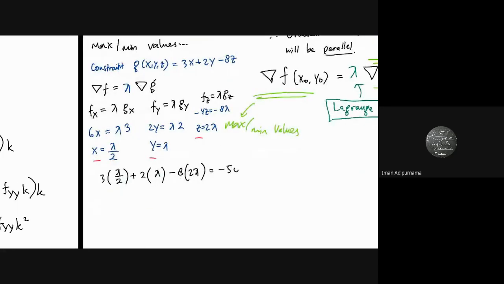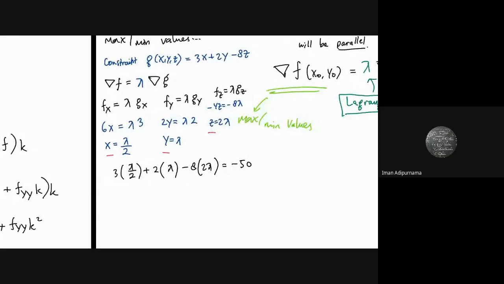This is negative 50. And compute this, and we get negative 25 lambda. Okay. And lambda will be 4. Then we get x is 2, y is 4, and z is 8.